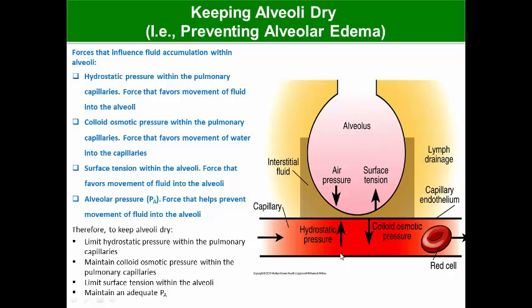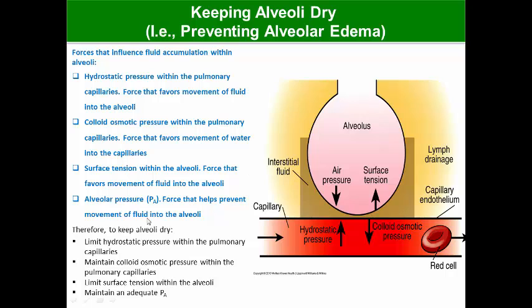So these two forces, the hydrostatic pressure of the blood within the pulmonary capillaries and the surface tension, favor the movement of fluid into the alveoli. And these two forces, the air pressure in the alveoli and the colloid osmotic pressure, help to prevent the accumulation of fluid in the alveoli, so they prevent alveolar edema.